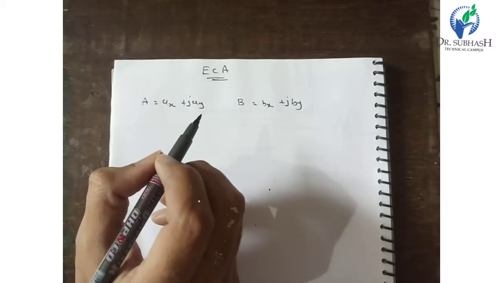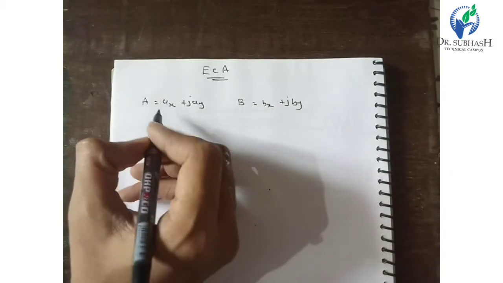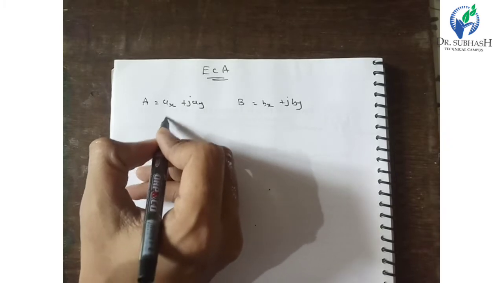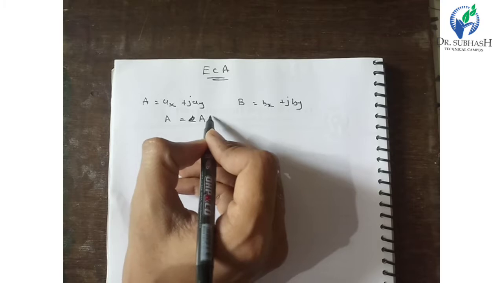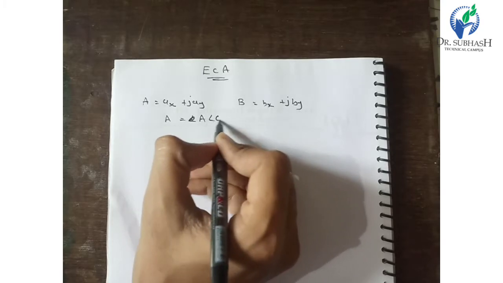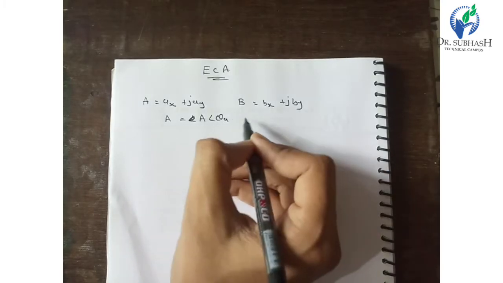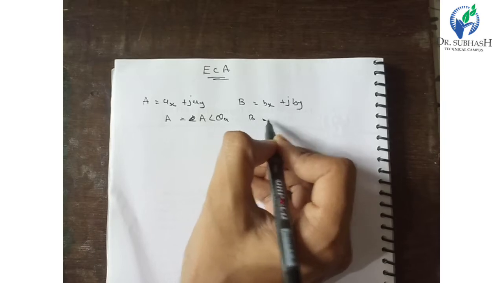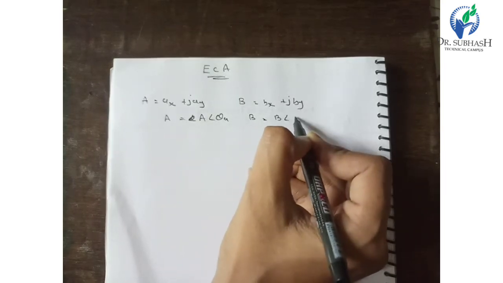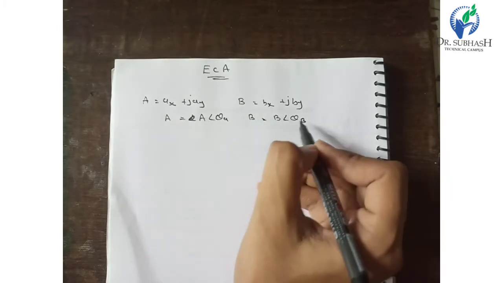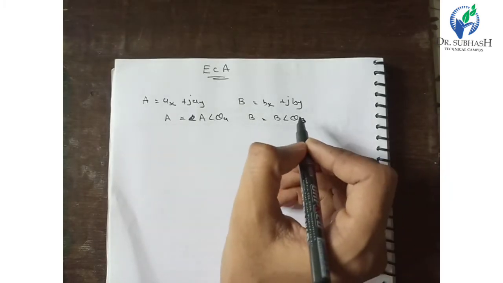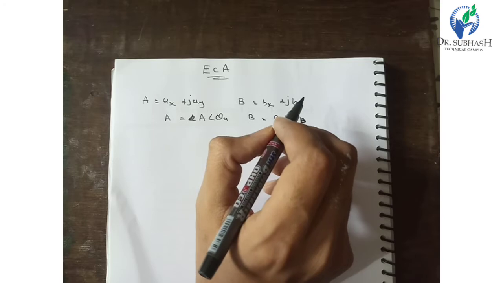If they are in polar form, we write a is equal to a at angle theta a, and b is equal to b at angle theta b. There is the polar form and there is the rectangular form.